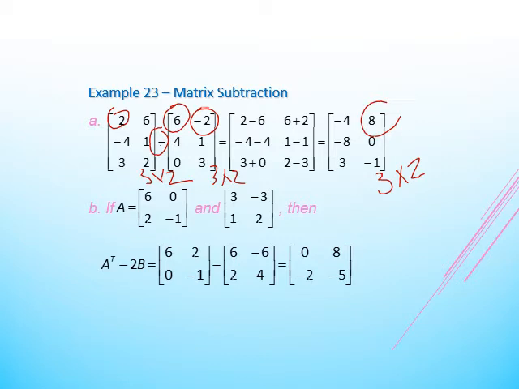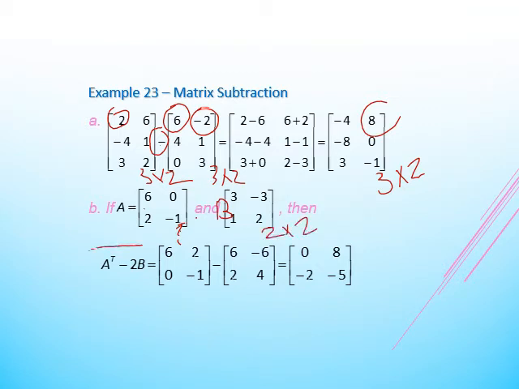Now we will take another example, which is a little more advanced. We have two matrices: A equal to 6, 0, 2, -1, which has the size 2 by 2, and another matrix P equal to 3, -3, 1, 2, which is also 2 by 2.